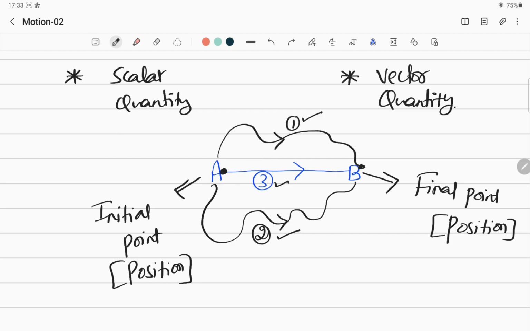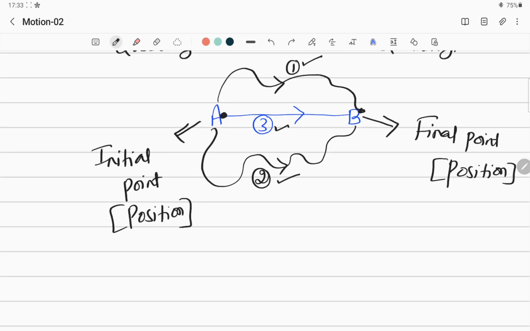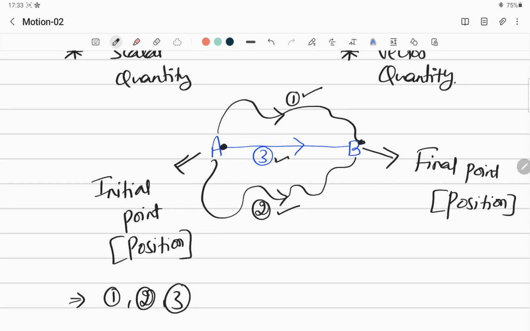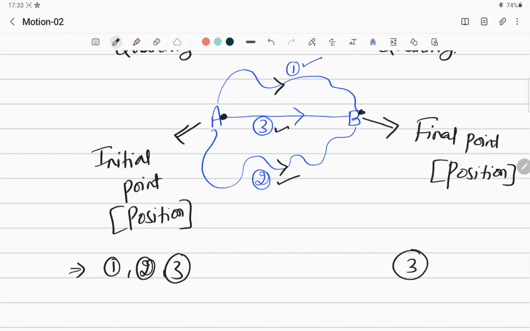is known as what? Displacement. All right, so I have written distance on left side, so all this 1, 2, 3, all of them are distances. So this first one, second one, and third one, all these are distances. But how about displacement? Displacement is only the third one. Let me write that, only the third one is displacement.